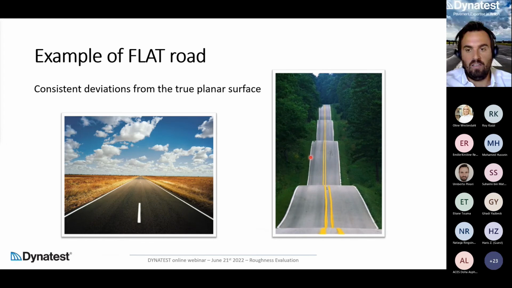But the dimension of this bump is so big that it does not influence the roughness. So the wavelength of this sag and bump are so big that from a roughness point of view, the road is still like in flat condition.